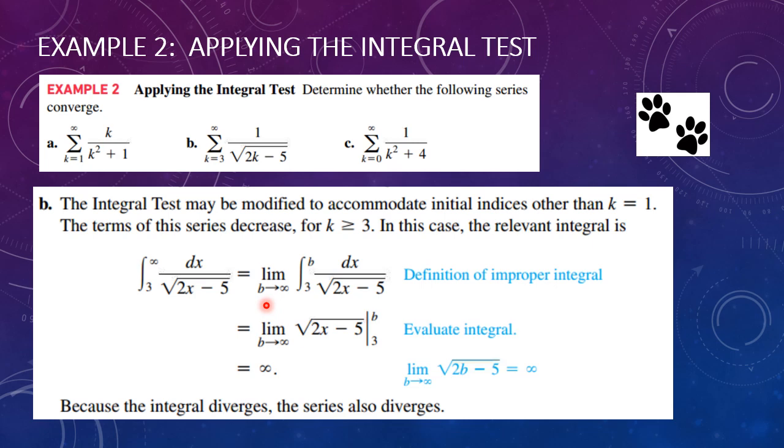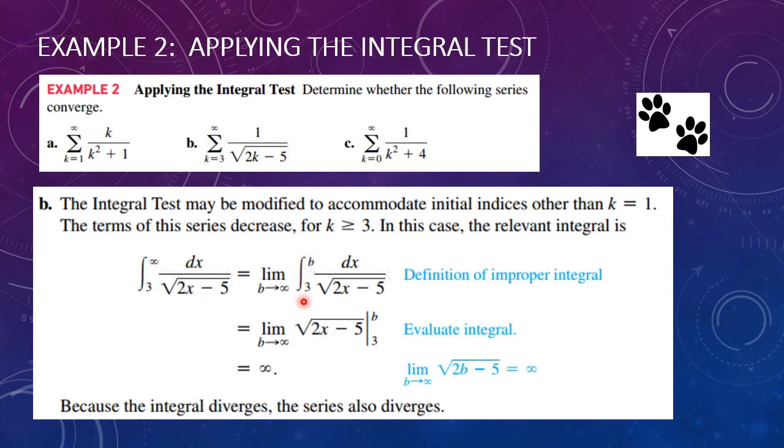So the integral test can be modified to accommodate initial indices other than k equals 1. The terms of the series decrease for k greater than or equal to 3. When it's 3, we get 2 times 3 is 6, minus 5 is 1, so the square root of 1 is 1, 1 over 1 is 1.